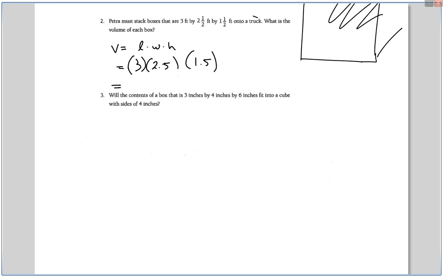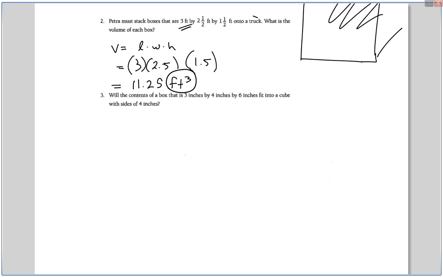So 3 times 2.5 times 1.5, same formula. That is 11.25 cubic feet. And again, it's important in this section to write the proper unit. It's feet for the linear measurements and cubic feet for the volume measurement.